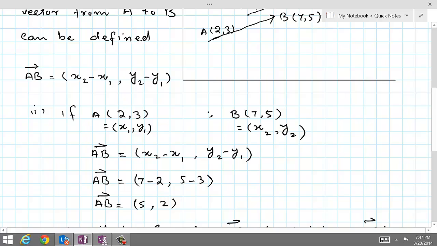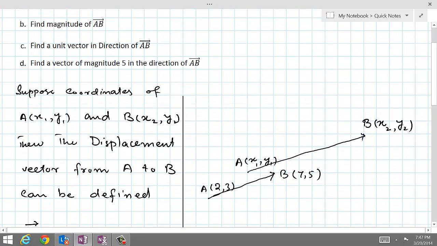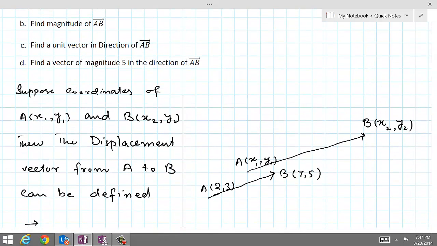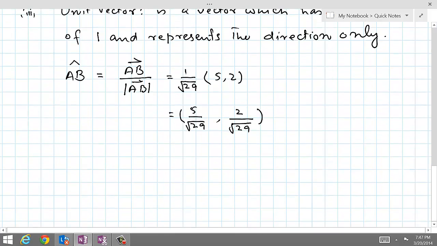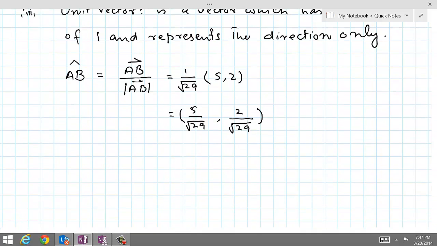If we have another question, here it says find a vector of magnitude 5 in the direction of vector AB. And now if we want to find a vector with magnitude 5, we have no trouble multiplying the unit vector with 5, and that should give us a vector of magnitude 5.